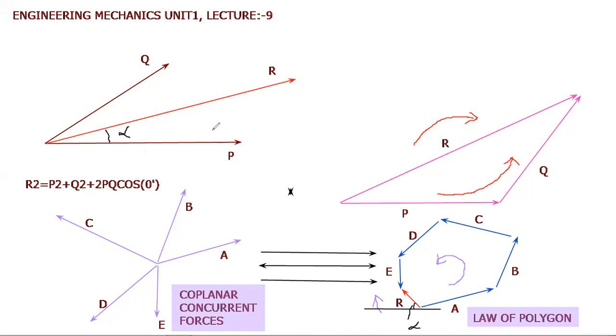That angle alpha R is the angle made by R with the horizontal x-axis. This is also the x-axis, and force P is parallel to the x-axis here. So you can find out the angle made by the resultant with the horizontal x-axis here also. Here also you are able to find out your alpha. I hope that you get this point, how we get the alpha here also.